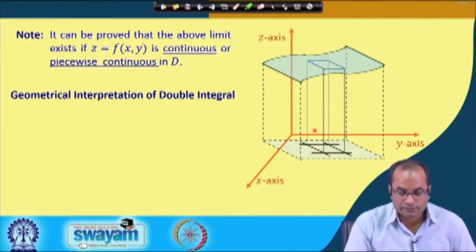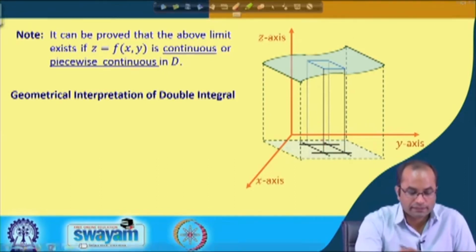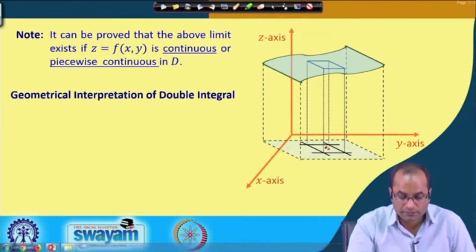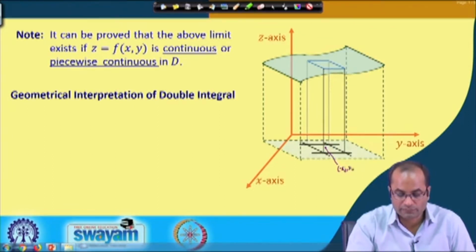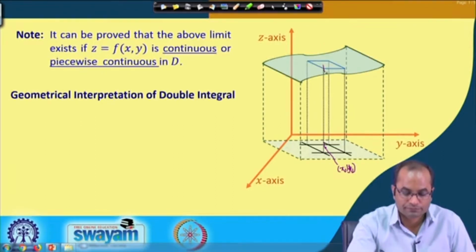So, we will take a point in this subregion, which we can denote by usually (xj, yj), and then corresponding to this point we will have a point on the surface here.